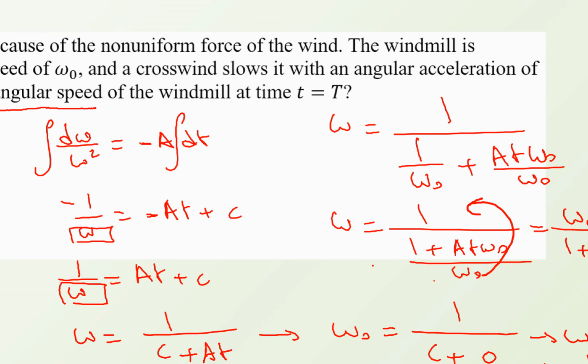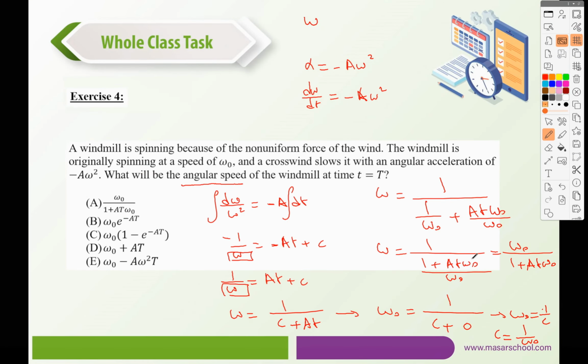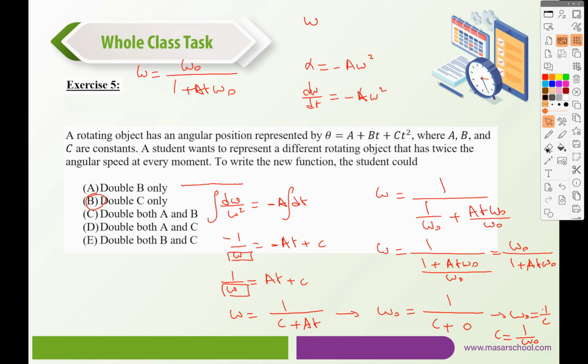So double denominator becomes a numerator. Then omega finally, after this hectic calculation, is given by omega 0 divided by 1 plus at omega 0. And we're interested in the angular speed at t equal to capital T. Simply instead of t, we'll place a capital T, which makes a the correct answer.